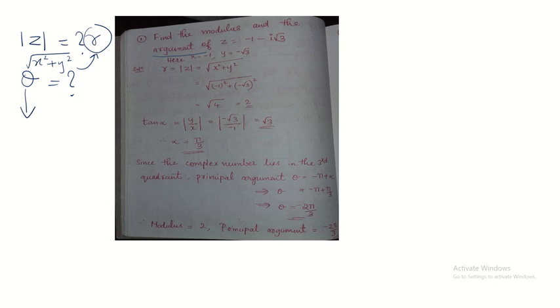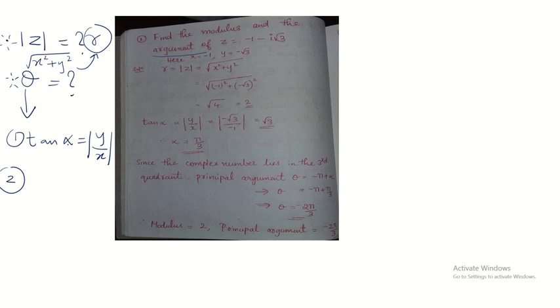To find theta, first you have to find tan alpha. How to find tan alpha? Modulus of y divided by x. And next you have to find in which quadrant this alpha lies.